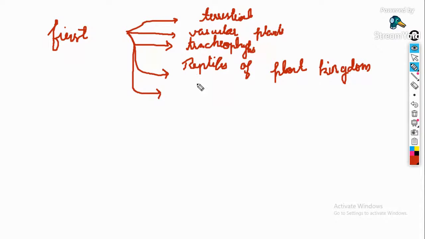Pteridophytes are also known as botanical snakes.